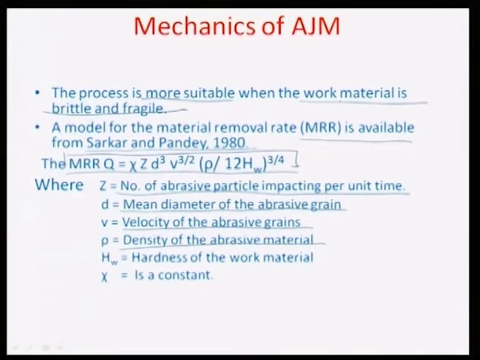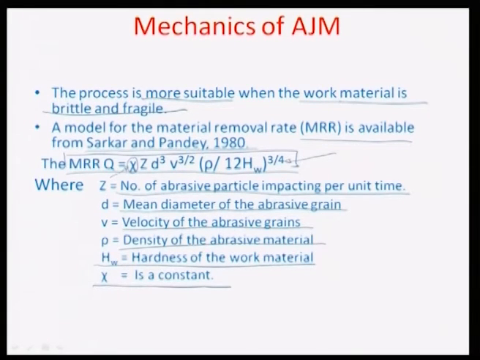HW is the hardness of the work material that you are machining using this method, and the X here is a constant which is imparted because of regression analysis. It is an experimentally determined formula which has come out from this paper of Sarkar and Pandey in 1980.